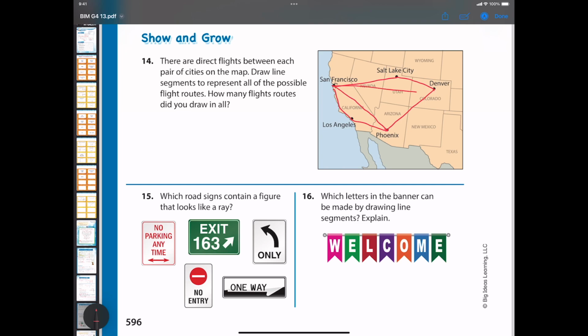And from San Francisco to Denver. And what about Salt Lake? Salt Lake City to Los Angeles and Phoenix. What about Denver? From Denver to LA. What else? I think that's it. So how many routes? Let's count. 1, 2, 3, 4, 5, 6, 7, 8, 9, and 10. So 10 routes only.